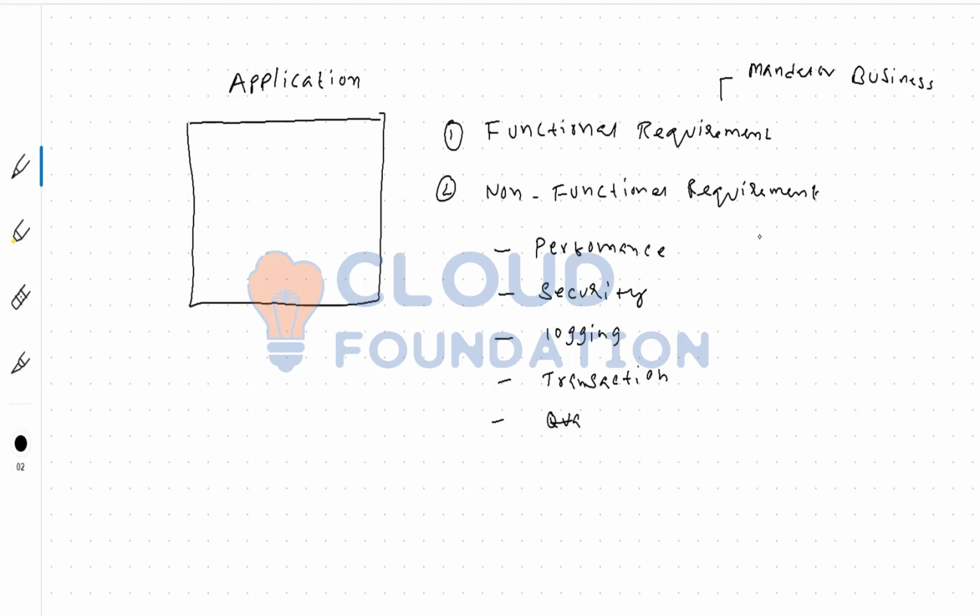When you develop an application, we need to focus majorly on functional requirements, and we need to address non-functional requirements also. We're not saying non-functional requirement is not my responsibility.